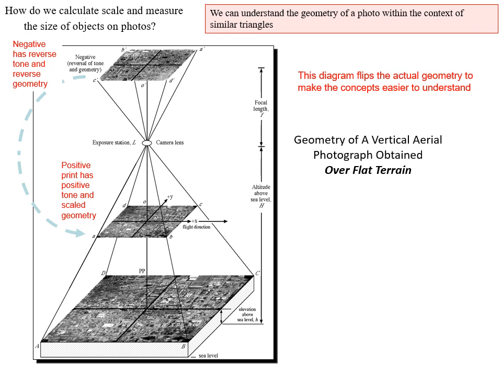So to make the geometry easier to visualize, we can flip that negative over the lens, okay, and put it in the same geometric position relative to the lens, i.e. the size of it remains the same, but you flipped it over to have positive tone and scaled geometry, so the objects on the photos are in the same position relative to the extent of the photos as they are in the original scene.